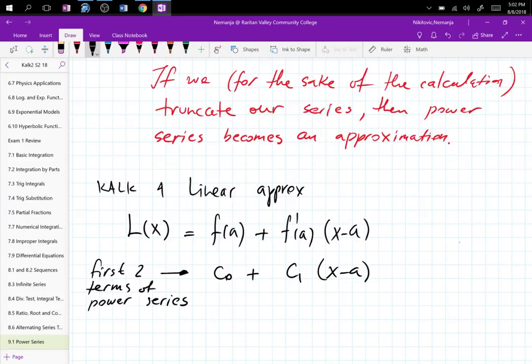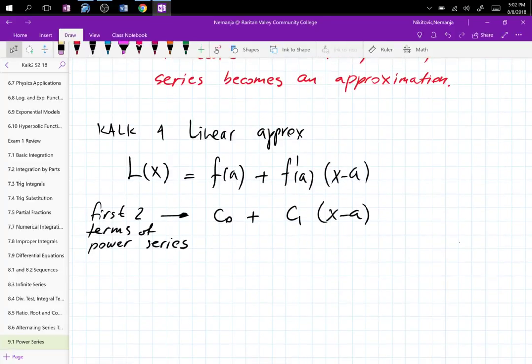So what am I going to do now? Now I'm going to say, well, if I want a better approximation, use more terms. So linear approximation is not the end. You learned approximation with the tangent line, and that's where you stopped. But what I'm saying is you can go on and have 3 terms, 4 terms, 5 terms, and the more terms you put in, the better approximation you have for your function.